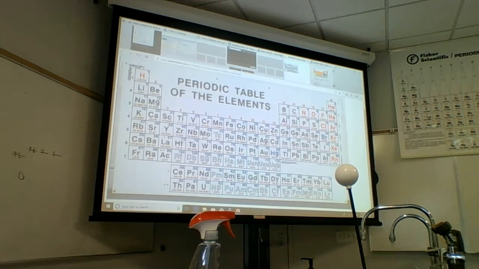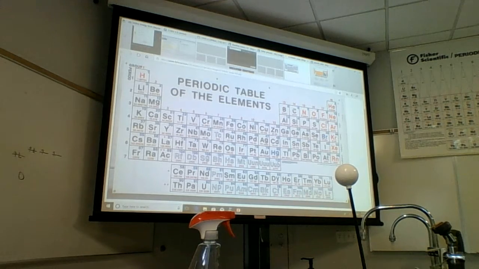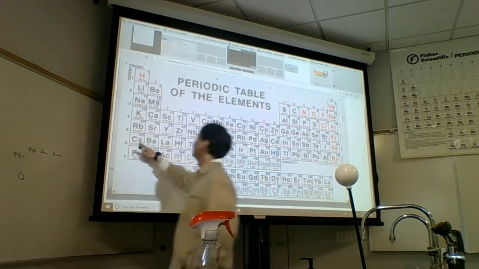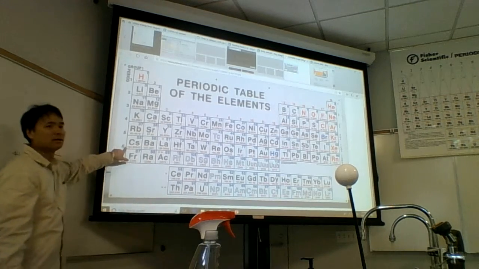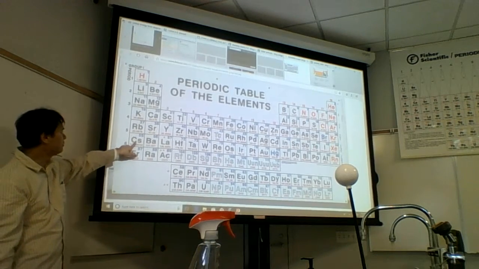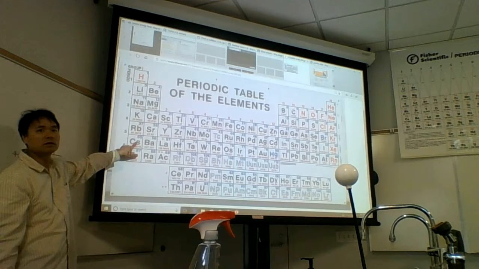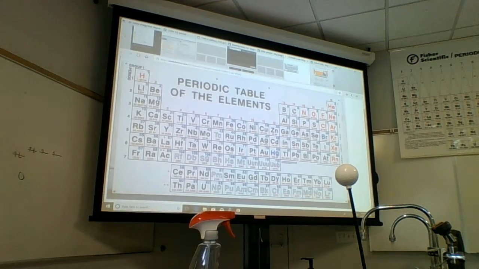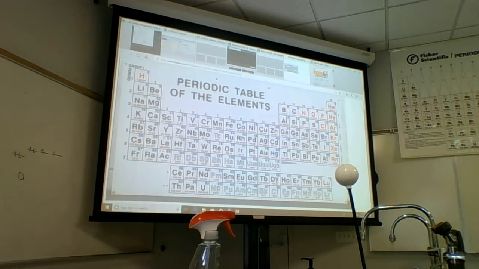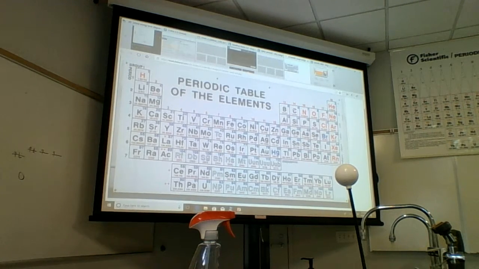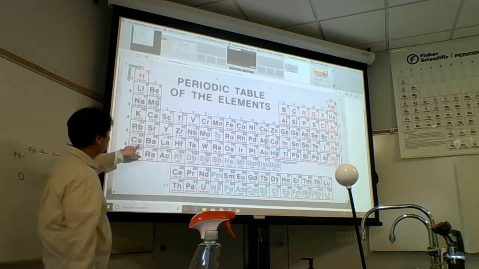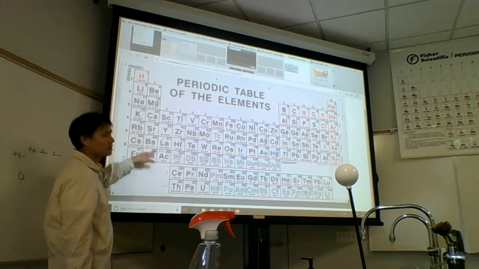Should be easy. So we go xenon, which is 54, and then we go to 55. 55 is in the 6th shell, so it would be 6s1. And then 56 would be 6s2.